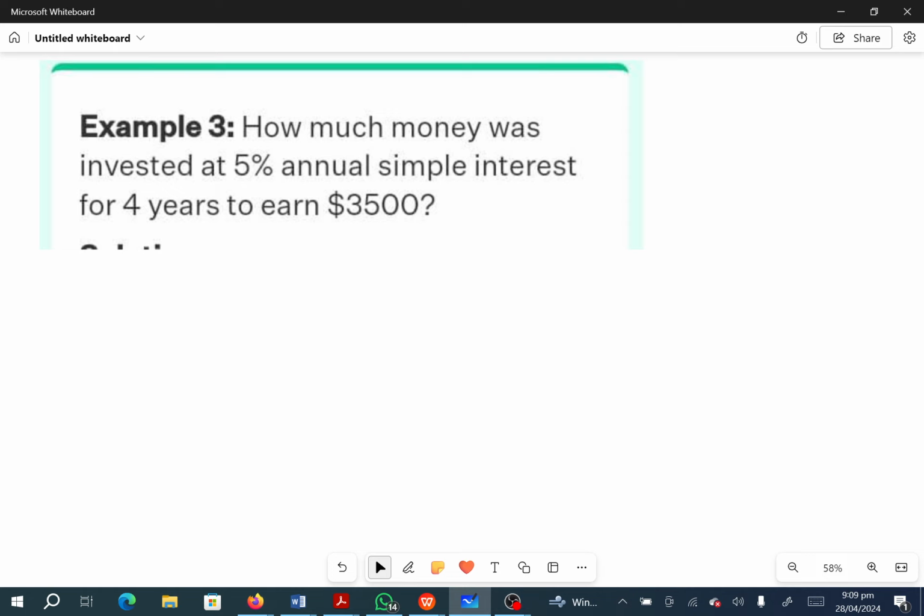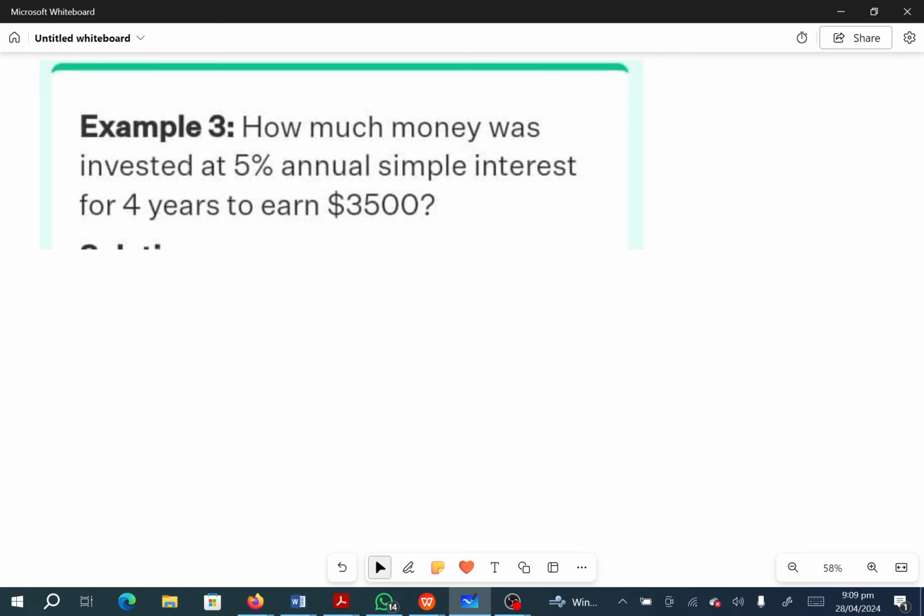This is the total amount this person is going to earn. What we are told to look for is the principal amount.